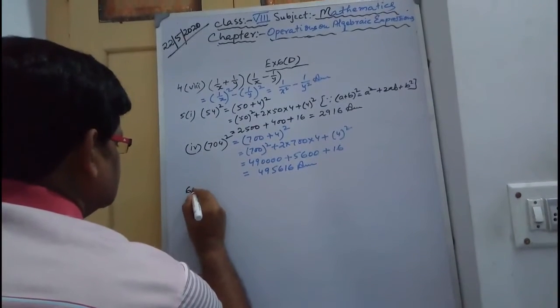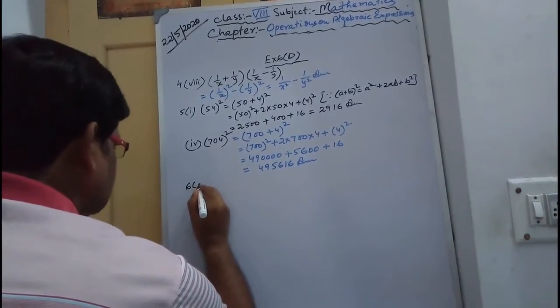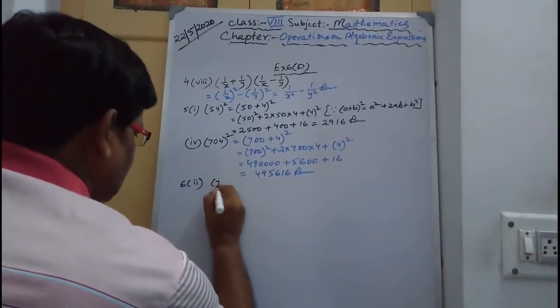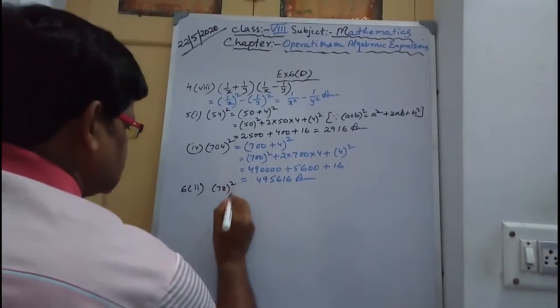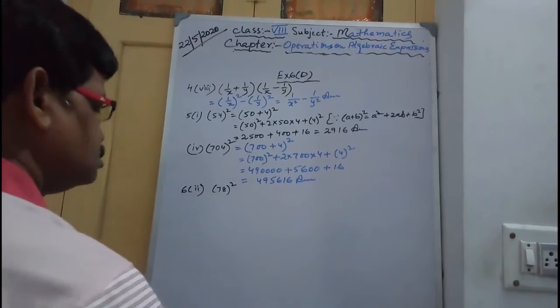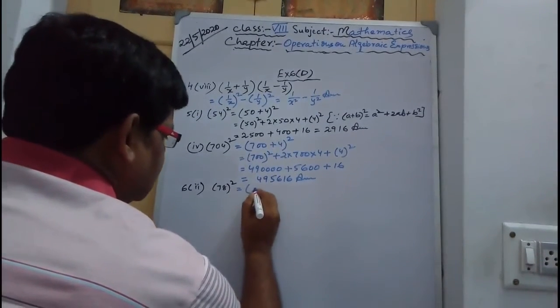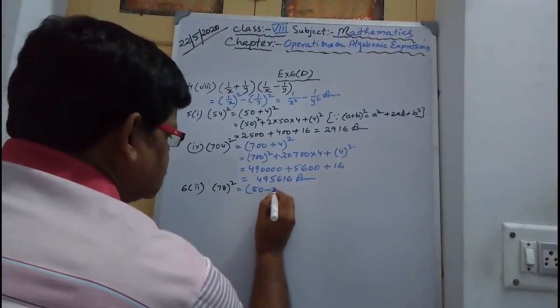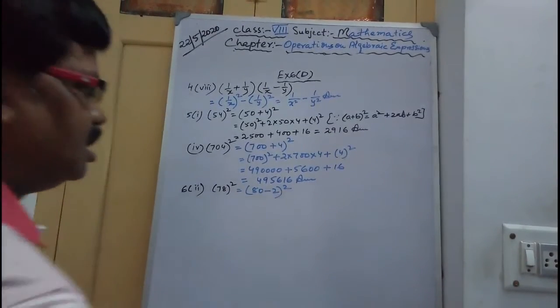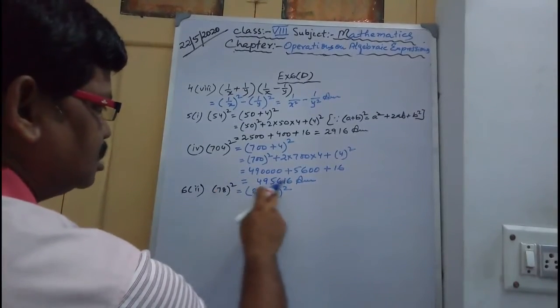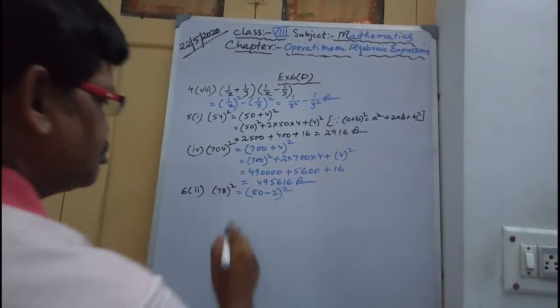Six, Roman 2, 78 square. So 78 is, 80 minus 2, 80 minus 2 equal to 78, and this square is written here too.